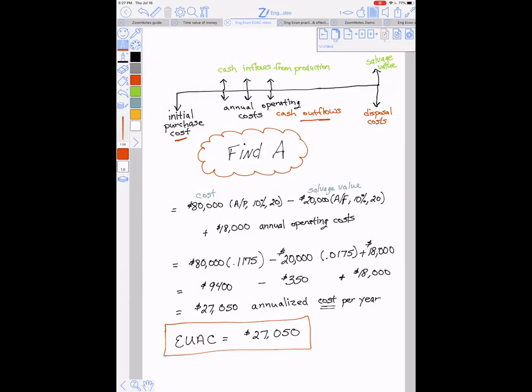Would be down arrows. If we had cash inflows from production, those would be up arrows, and we'd estimate what they were per year. And then the salvage value at the end is a future value, and that's its estimated selling price or resale price at the end of the machine's term. That would be a cash inflow. And then disposal costs are cash outflows.